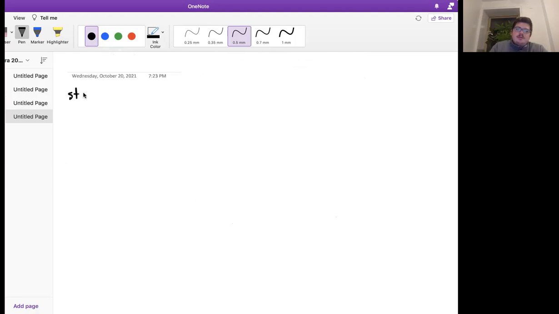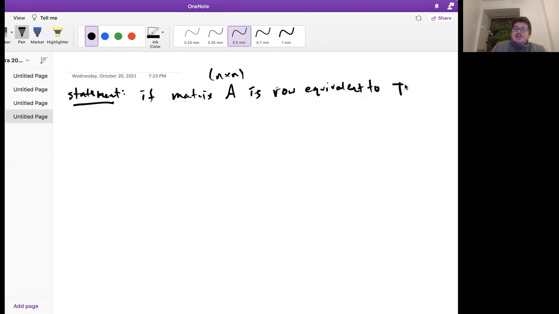Okay, cool. Here's a statement that we did last time. If matrix A, which is n by n, is row equivalent to the identity matrix, then matrix A is what?